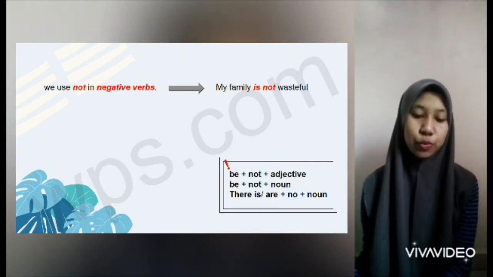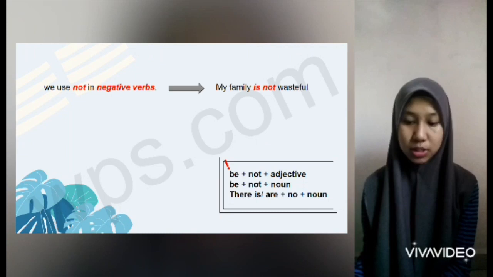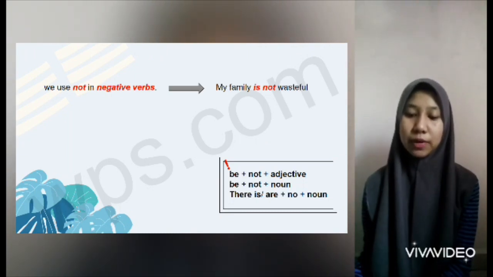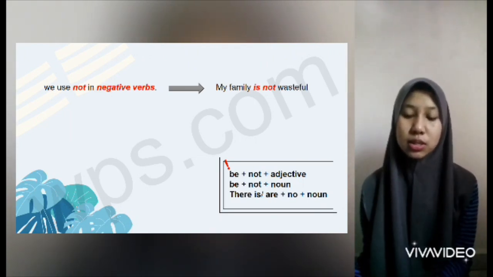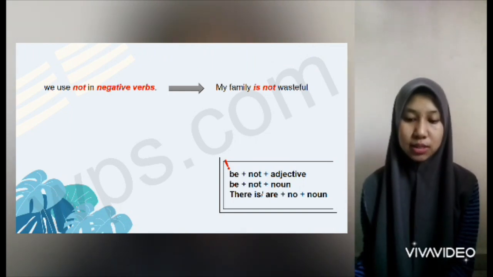The next one, we use not in negative verbs. For example, my family is not wasteful. So, the negative verb in the sentence, we use is.